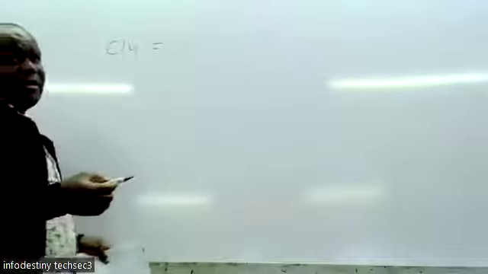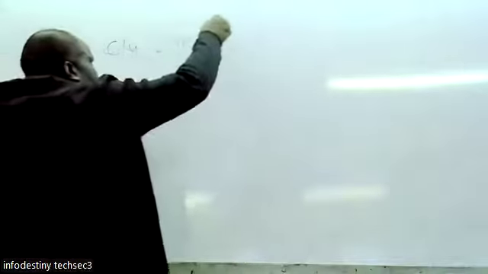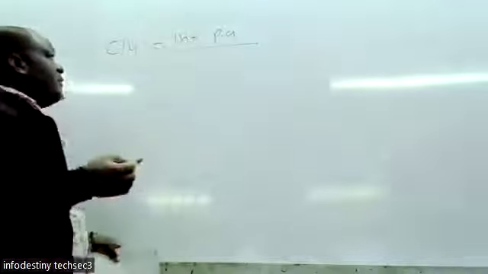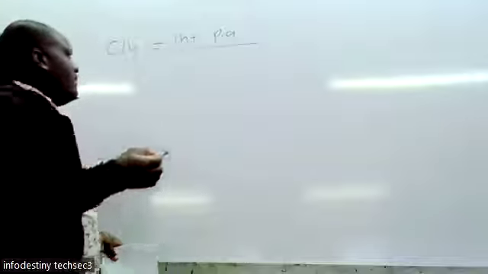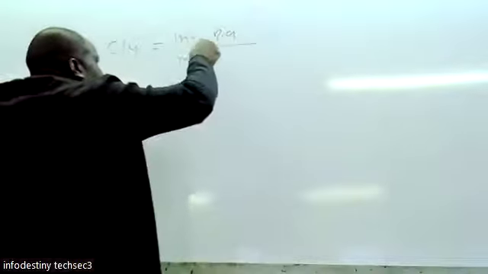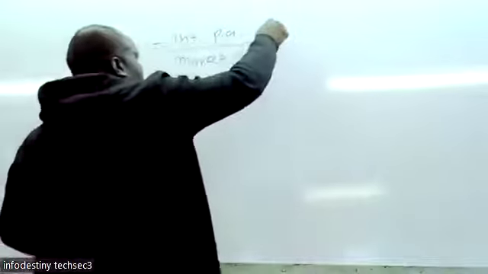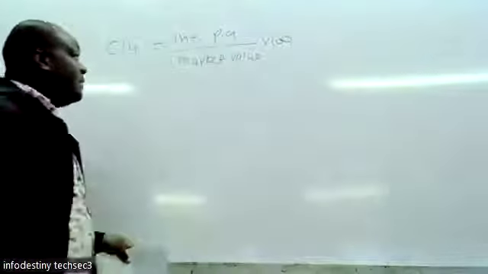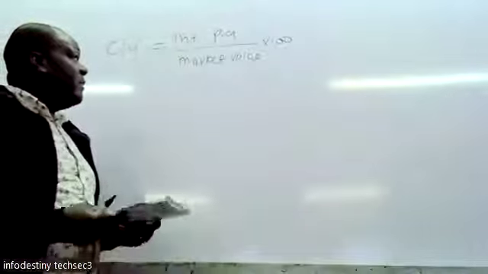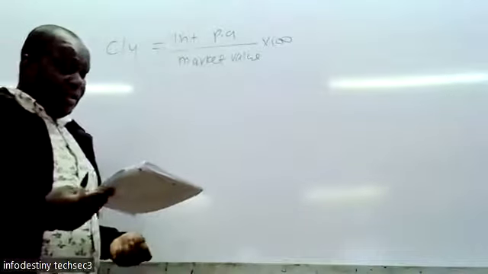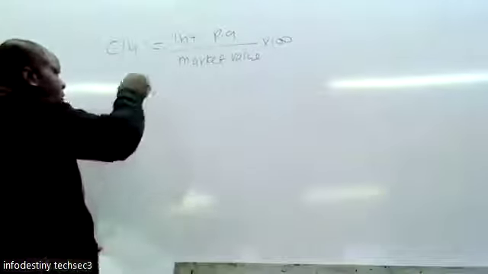To get the current yield of the bond, it is given by interest per annum, then you divide by the market value, then express it as a percentage. So you need interest per annum divided by the market value of the bond, expressed as a percentage.